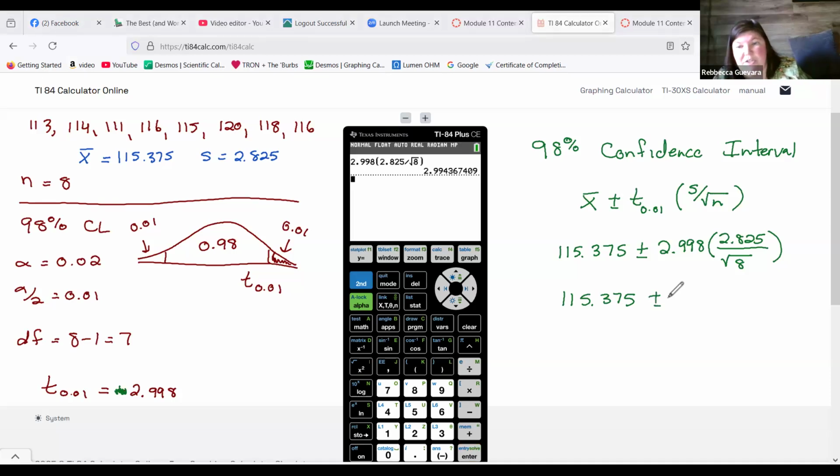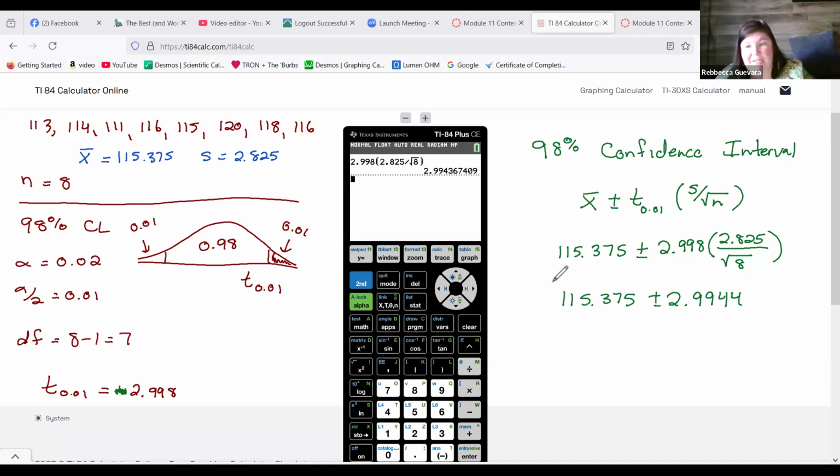That is going to give me 2.994. Technically, I should round out 1 more every time I do a new calculation. I should round out a little further. So we'll just round out 1 more here.